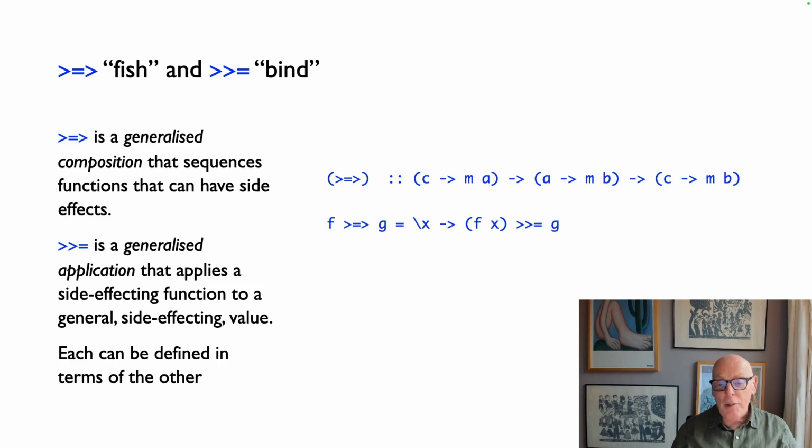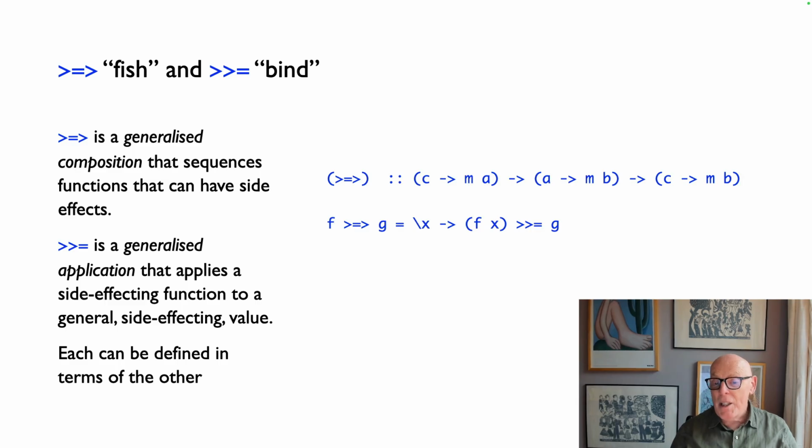So let's have a look at fish first. Here's a definition of fish using bind. We want to sequence together the functions f and g that have side effects. How do we do that? Well, we return a function that takes x of type C, and what's the result of that? Well, remember f expects a value of type C, so we apply f to x, that gives us something in type M of A, and then we can bind that value and use it in g.